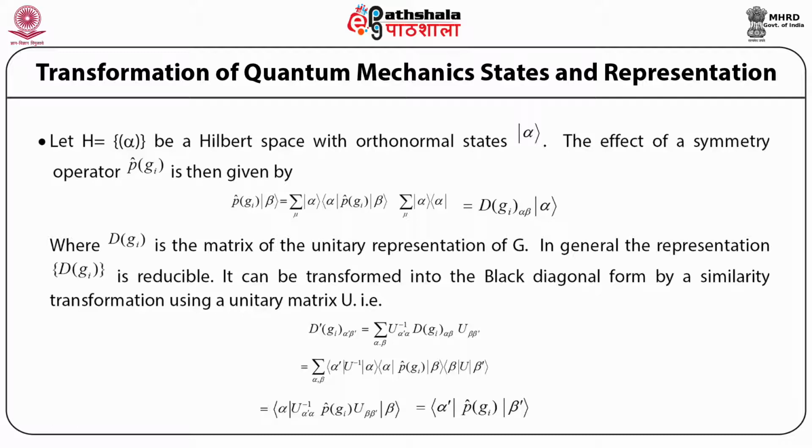This is then equal to alpha U inverse P U beta, and since this is a symmetry operator, U inverse P U is P itself. In other words, the unitary operator U acting on beta gives us a new state beta prime, and when it acts on the left, U inverse gives us the state alpha prime.